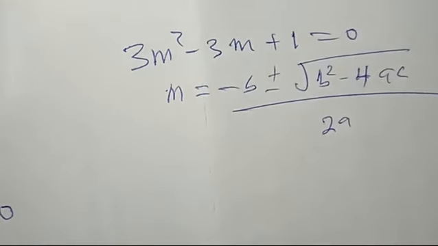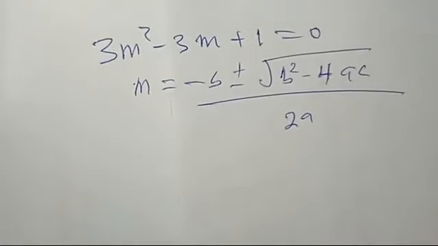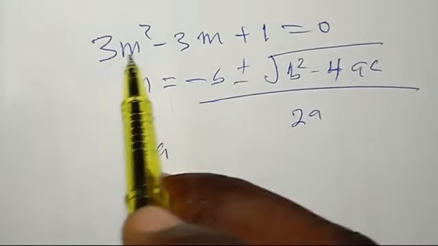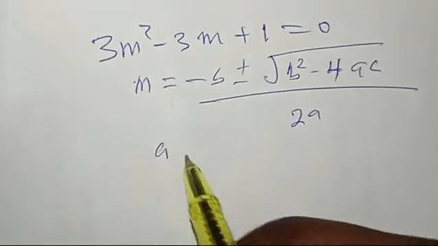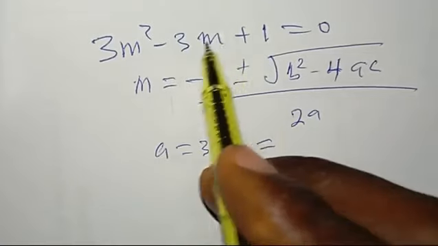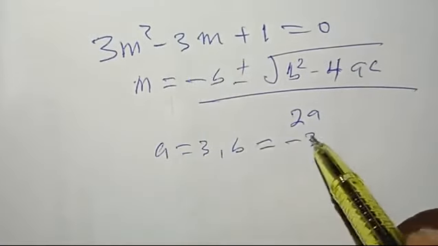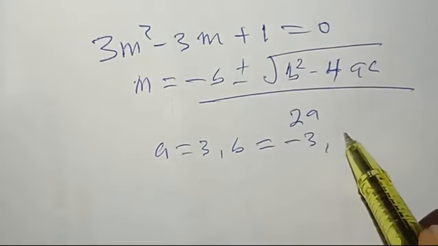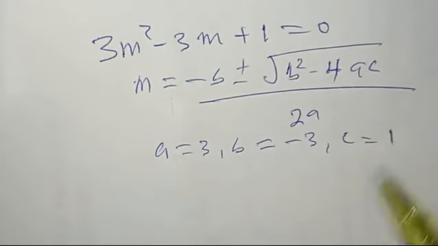So we're just going to find out the parameters. In this case, our a is equal to the coefficient of m squared, which is equal to 3, and our b is the coefficient of m, which is minus 3, and then our c is equal to the constant here, which is equal to 1.